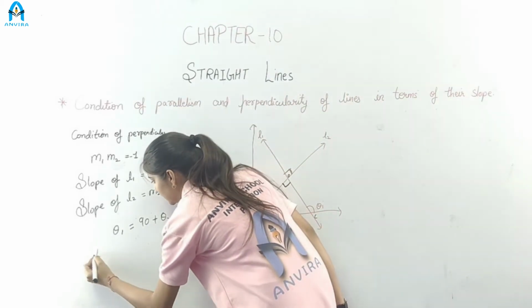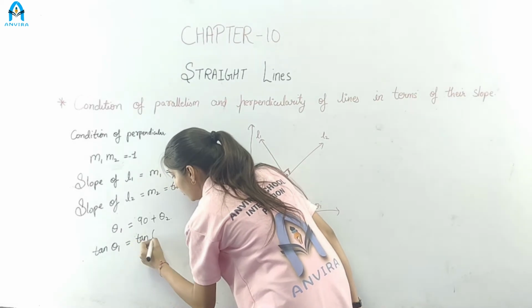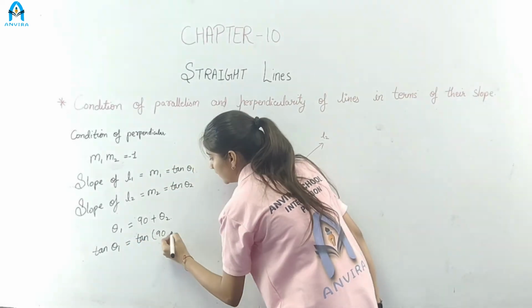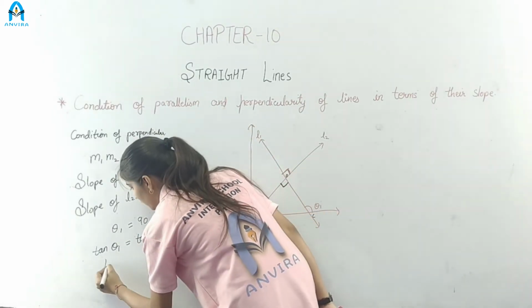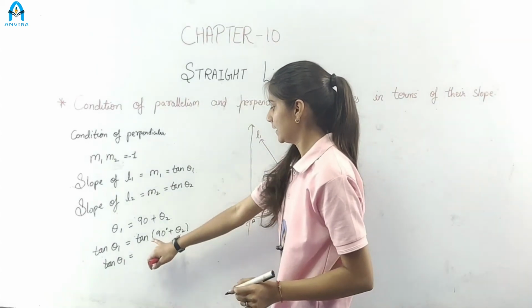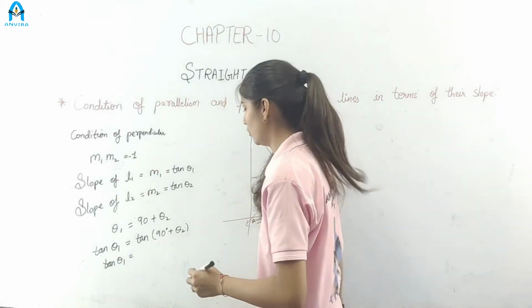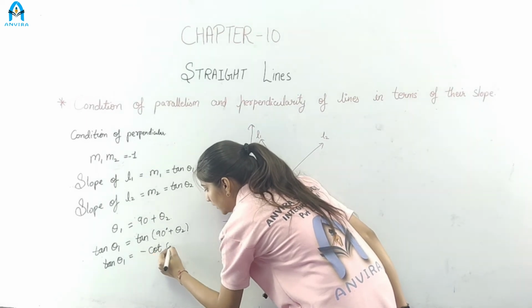So tan θ1 is equal to tan of 90 plus θ2. It will be minus of cot θ2.